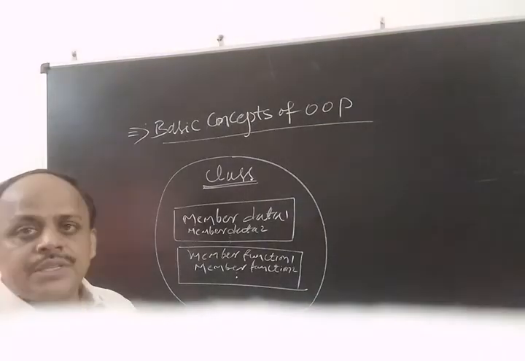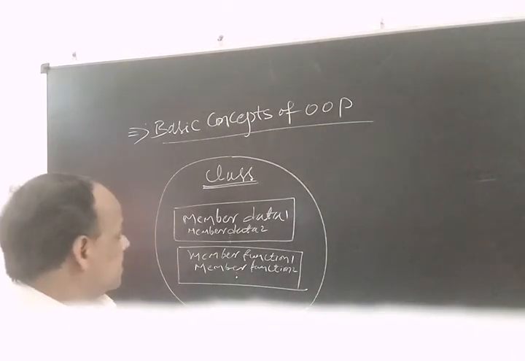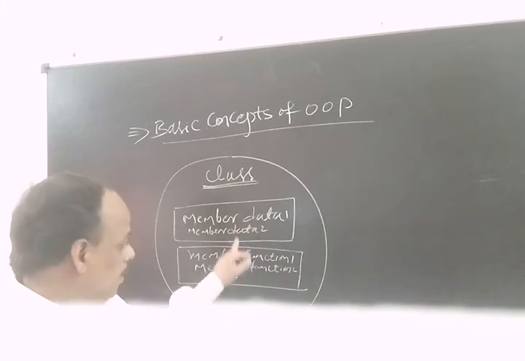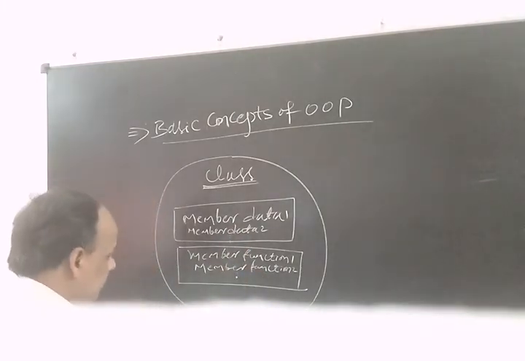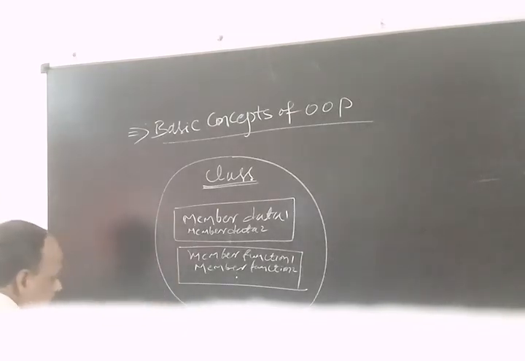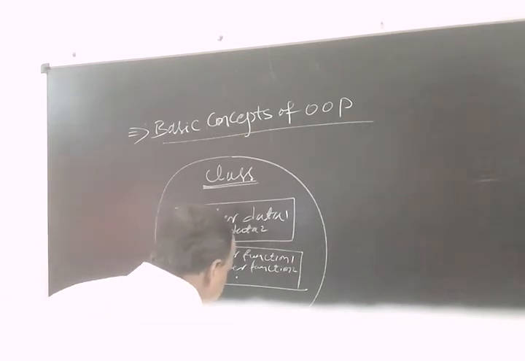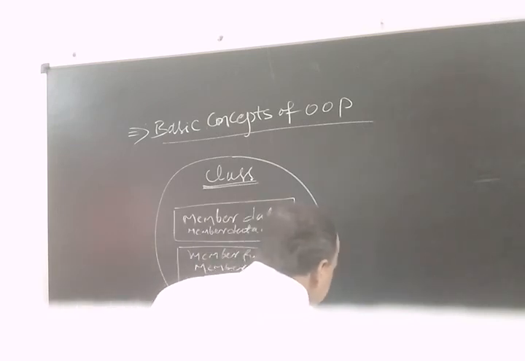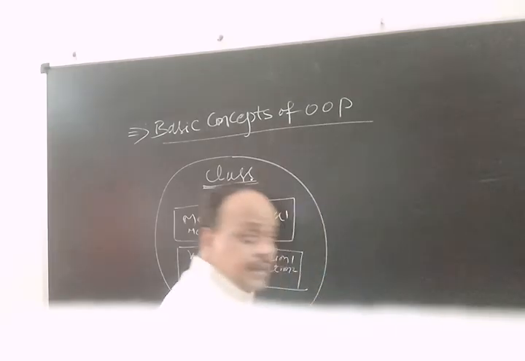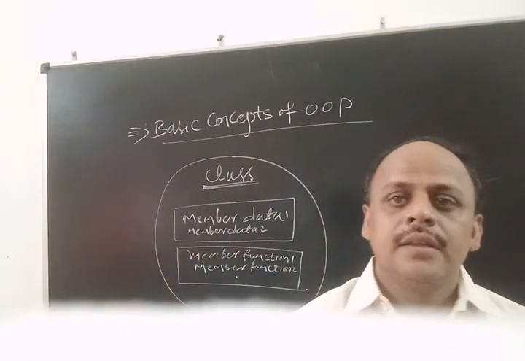Right? What is the class definition? A class is a collection of member data and member functions with several objects. For example, this class contains object 1, and this class also contains object 2, and so on, up to object n.